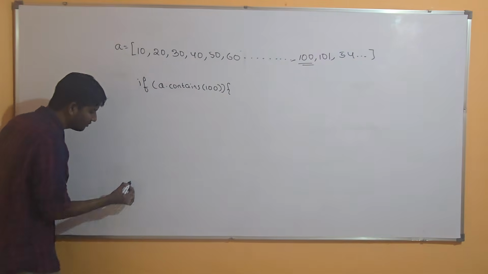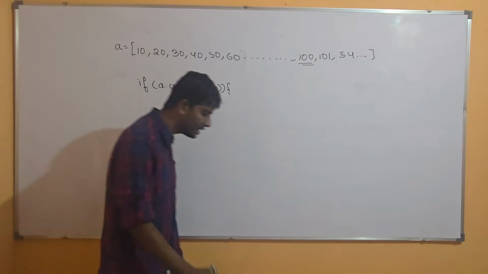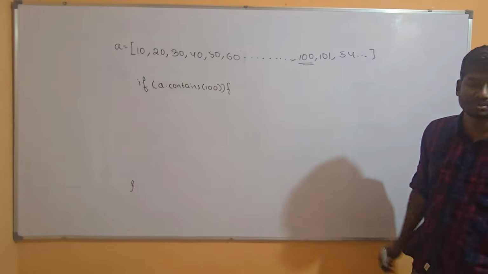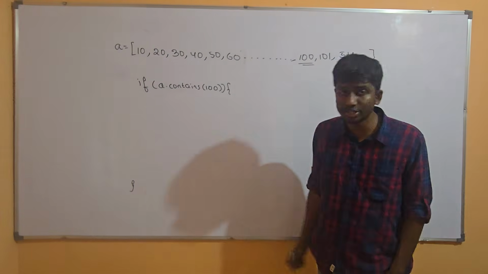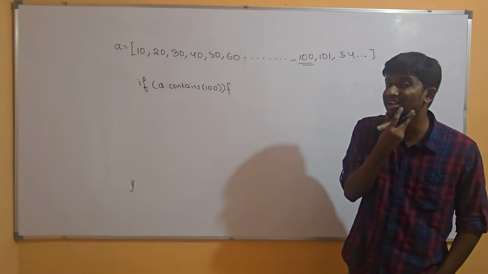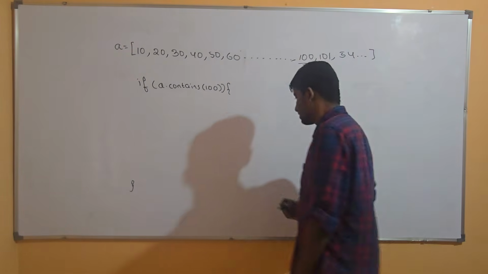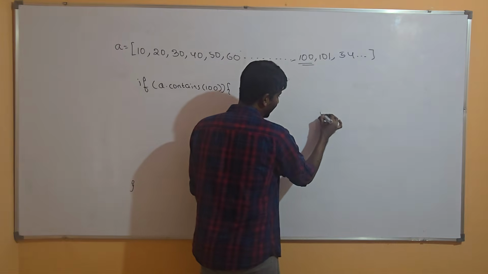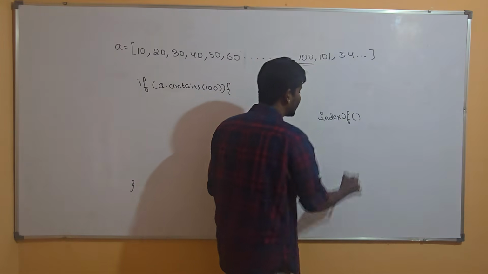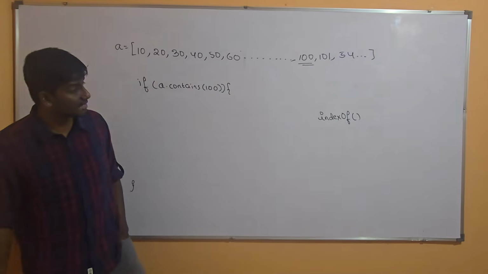This if condition will become true only if 100 is present. If this if condition is true, definitely it means that 100 is there. But you don't know in which location 100 is there. For that, remember guys, there is one more method called indexOf. The O is capital.